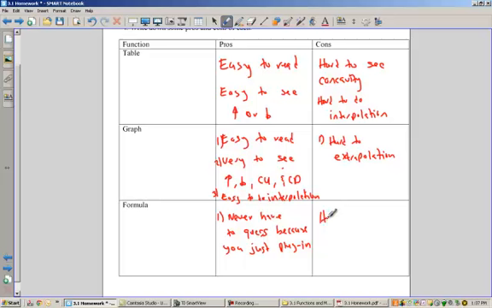It's hard to see increasing, decreasing, concave up, and concave down from a formula. Unless you know exactly what that formula is doing and you understand all the numbers in it, you can't really tell if it's increasing, decreasing, concave up, or concave down. Sometimes formulas are complicated to work with. If you don't know how to put it into your calculator correctly, you can't crunch the numbers.